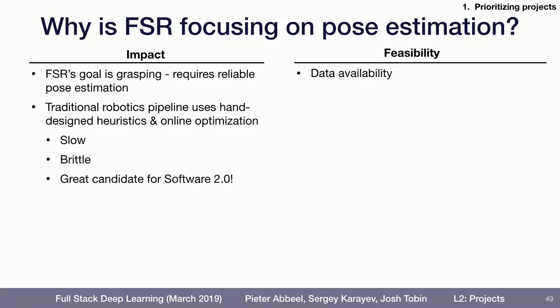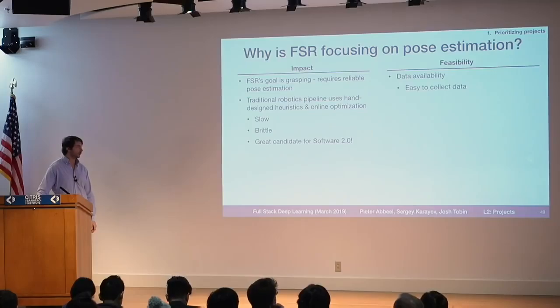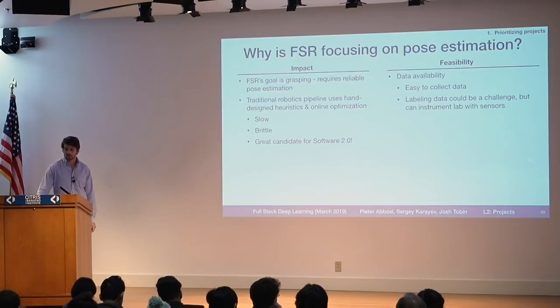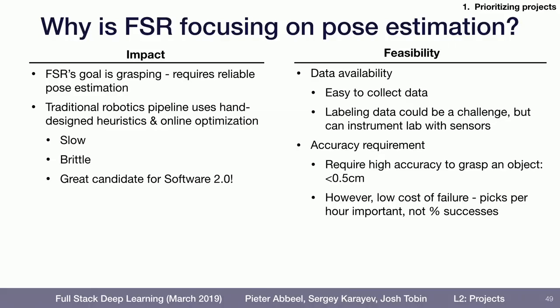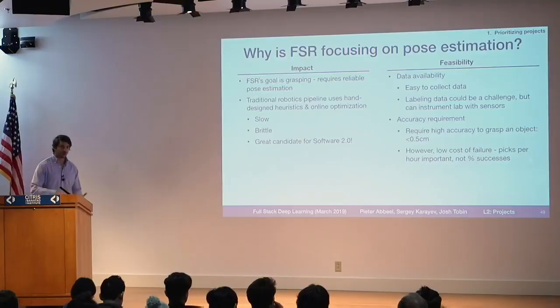So is this feasible, right? Let's look at data availability. It's super easy to go collect a bunch of data to use for this task, but labeling it could be a challenge. So that's something to keep an eye on. And then how accurate do we need this to be? Well, we think we actually need really high accuracy to grasp an object. But the cost of failure is quite low, right? Because our goal is actually to, let's say, move objects from one bin to another.